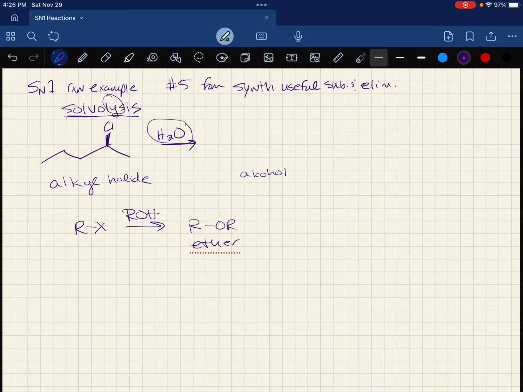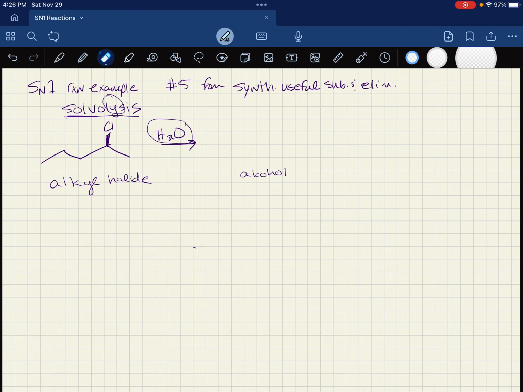Okay, so here the specific example that we have is this secondary alkyl halide, which if we have a secondary substrate, we might be thinking to ourselves that it would likely be SN2. However, with water as our only solvent and reagent, so sometimes things are the solvent and a reagent, this is going to be a weak nucleophile/base.